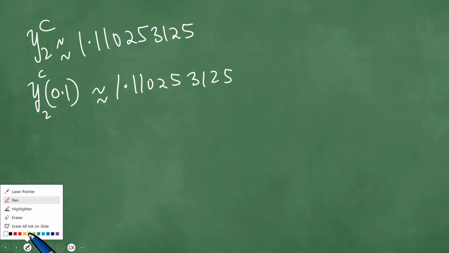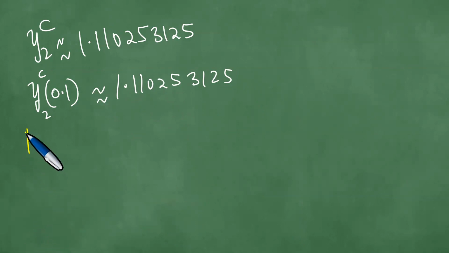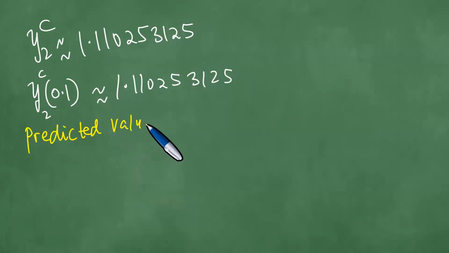I'm going to write two columns. In the two columns, we're going to write the predicted values versus the corrected values.